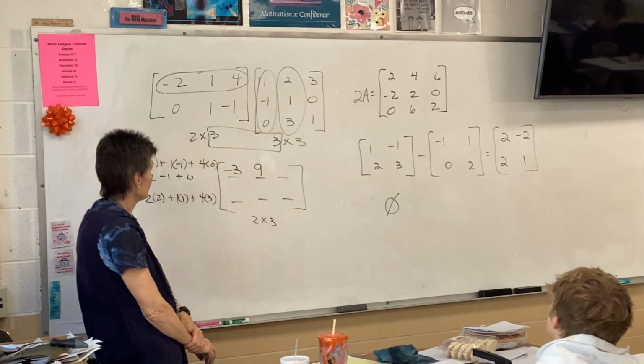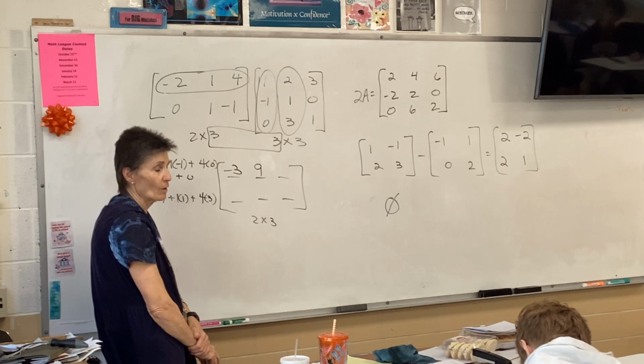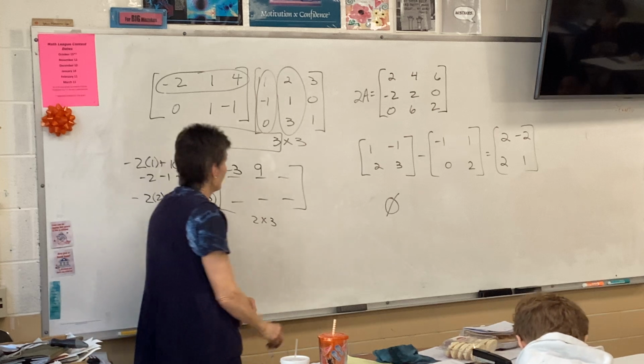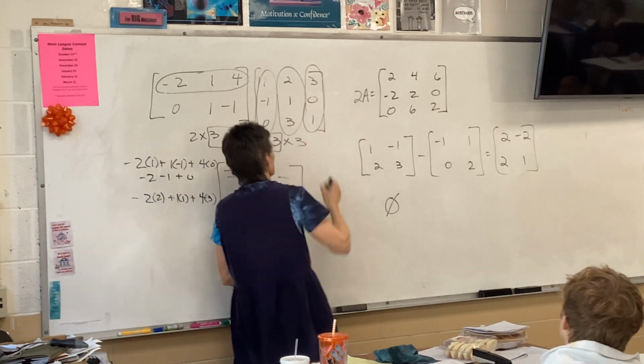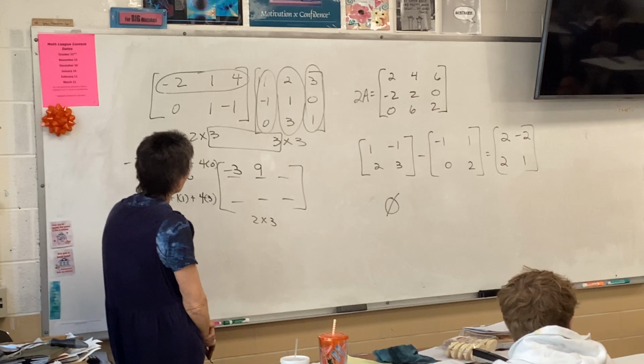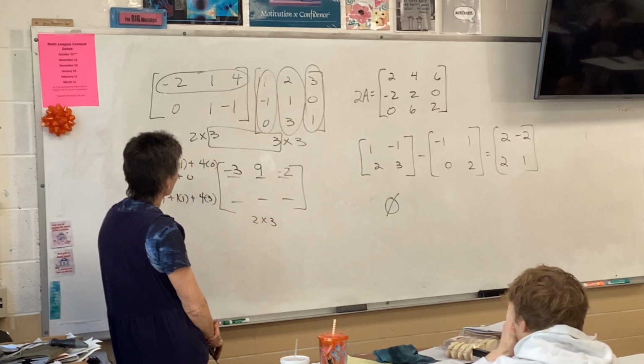Oh, I got 9. I don't know. Is that about right? All right, let's go ahead. You fill in the rest of them. I'll fill in the rest of them, and we'll check. You have to be able to do this by yourself, so go ahead, fill in the rest of them. Let's see what you come up with.